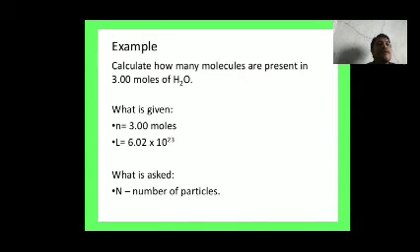Calculate how many molecules are present in 3.00 moles of H2O.